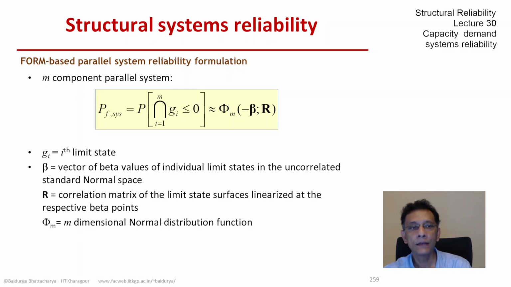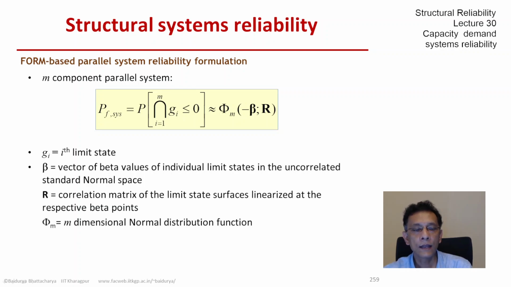We can do something similar for a parallel system, and the general expression for a purely parallel system is what you see on the screen, but one has to be a little careful, because as we have seen, if there are sequence effects, if we need to consider the limit states after there has been partial collapse of the structure, then all these G's, all the individual limit states, they need to be properly defined.